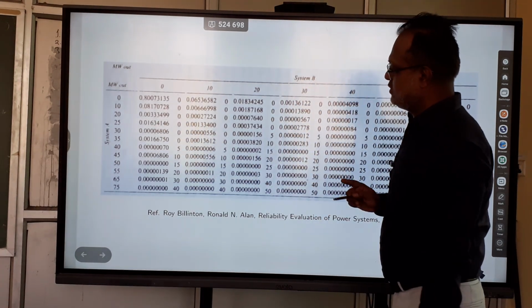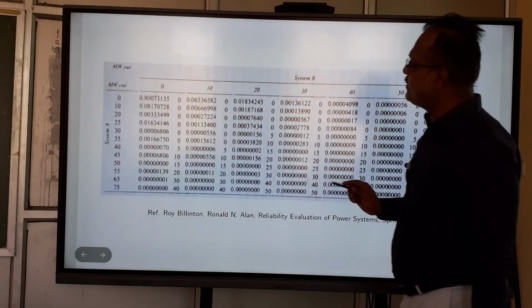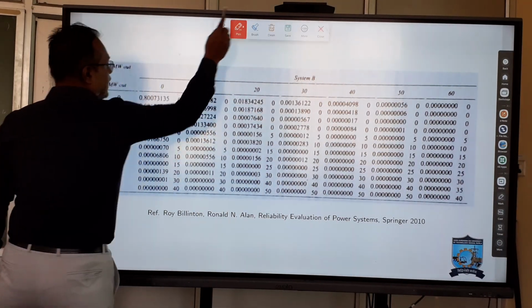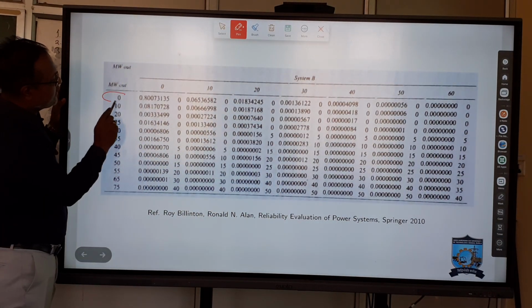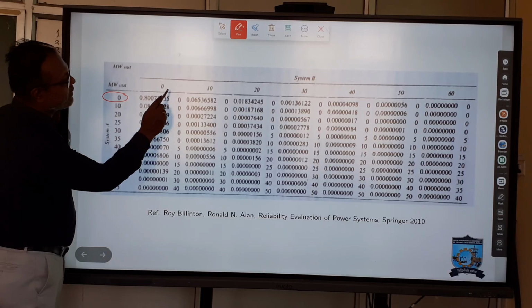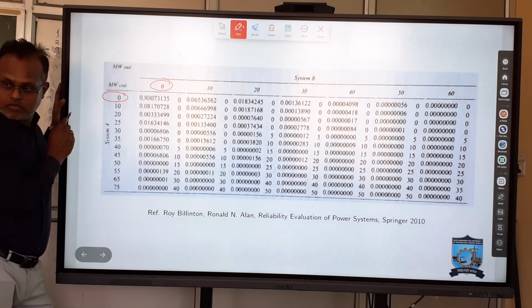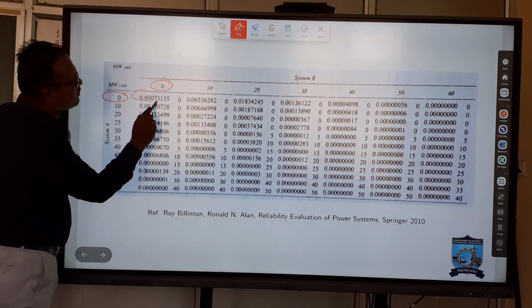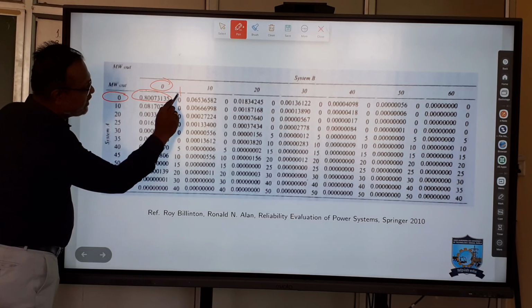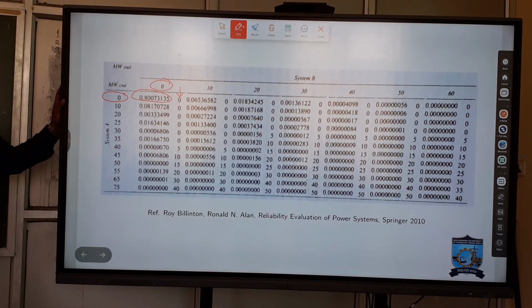So what is the meaning of this? The meaning is that in this case, no capacity outage in system A, no capacity outage in system B. Zero capacity outage. And the probability is this. And the assistance needed is 0.